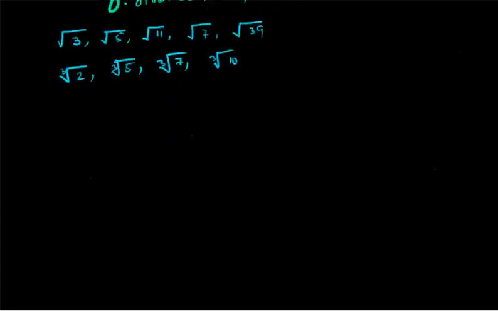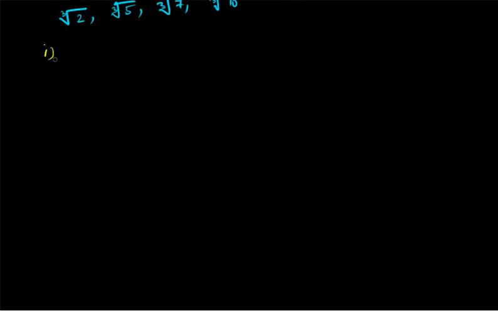Okay, that's important. So first one is the sum of two irrationals need not be an irrational. So irrational plus irrational can be rational or irrational both. Difference of two irrationals need not be an irrational.